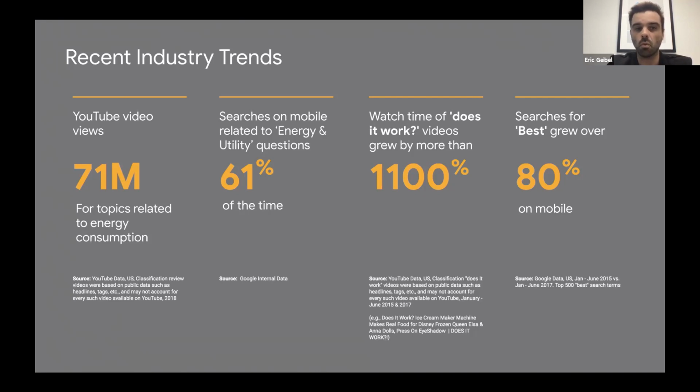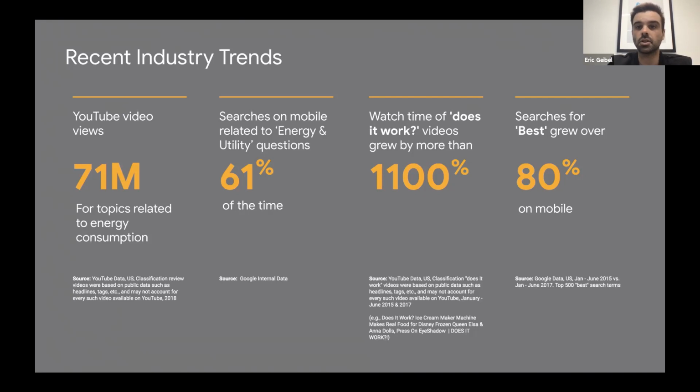There are 71 million videos on YouTube for topics related to energy consumption. Additionally, on mobile devices, in 2018, 61% of searches on Google related to anything energy and utility related were done on a mobile device. So from a business perspective, think about what your mobile site looks like. What do you offer on your mobile site versus that of a desktop site?